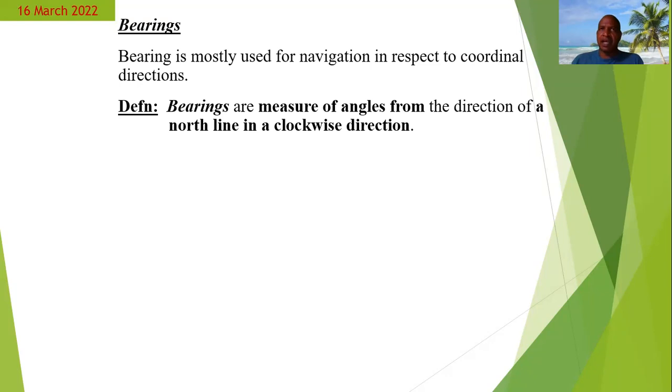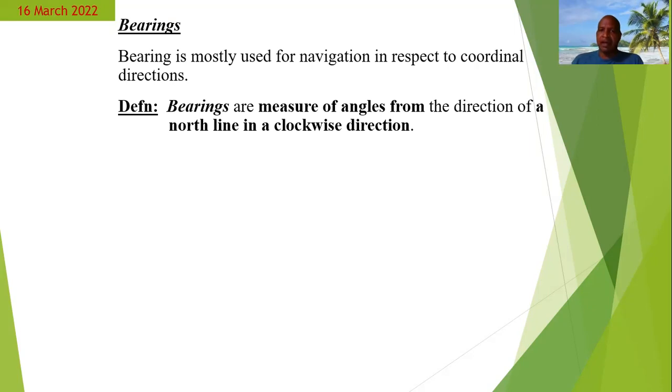So you have to start with a north line. Remember, angles have to do with measuring the opening between two lines joined at a point. But for bearings, the north line has to be one of those lines joined at a point with the other line that we're measuring the angle. So it is always a measure from a north line.